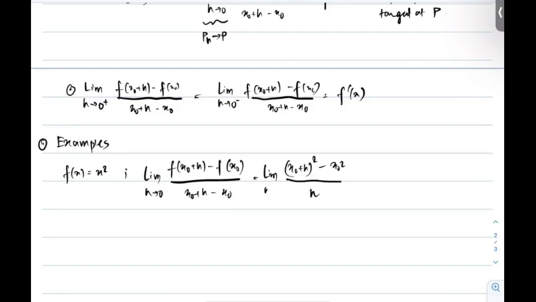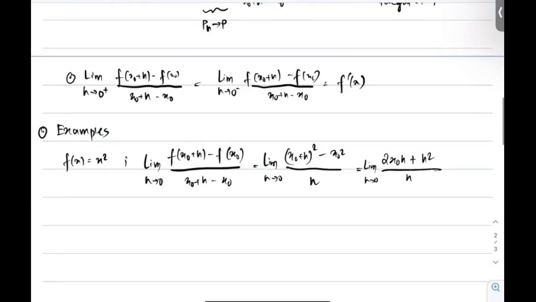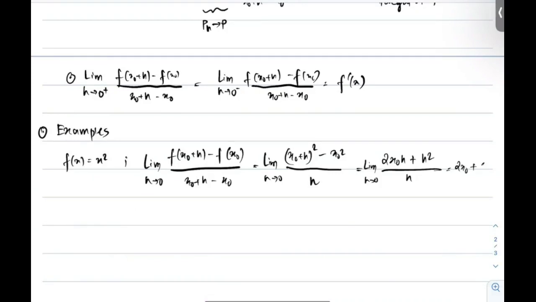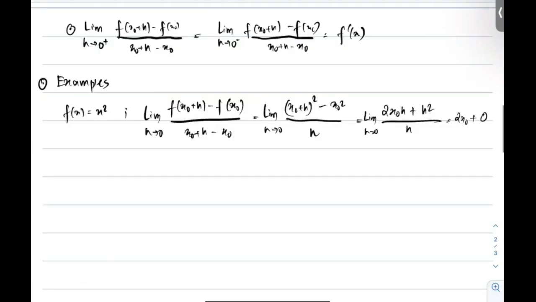The x naught square cancels out, so it turns out to be twice x naught h plus h square by h, limit h tends to 0. That is twice x naught plus h, limit h tends to 0, so h goes to 0, and therefore it's twice x naught. So f dash of x is twice of x. That's how it's defined.